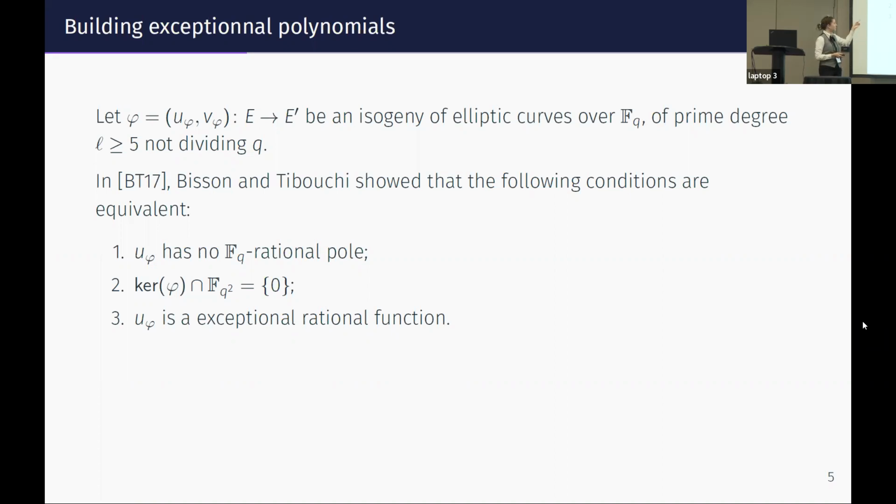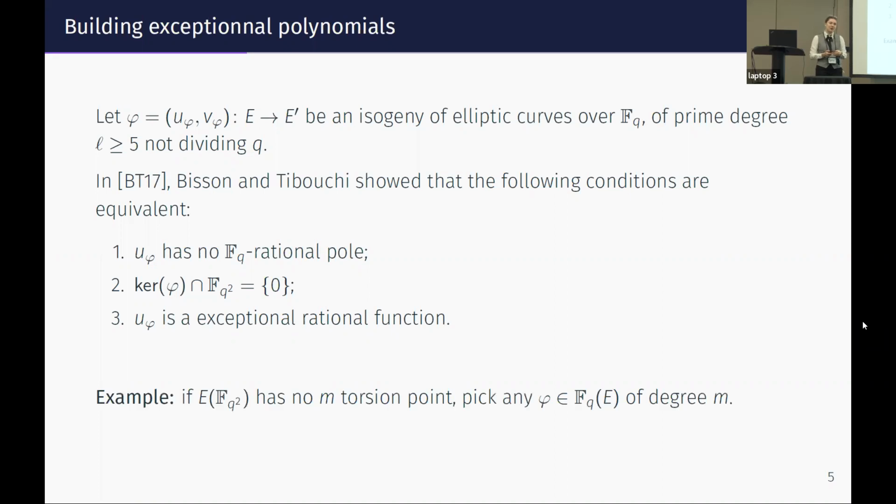So if the x rational map u_phi has no Fq rational pole, it also means that there isn't any point of the kernel of phi that has its coordinate in Fq squared, and it also means that the x rational map u_phi is an exceptional rational function. And fortunately for us, it's not very difficult to find an isogeny phi that meets this requirement. For example, you can consider an elliptic curve E that has no m-torsion points over Fq squared, and consider any isogeny of degree m, and it will give you something suitable for this result.